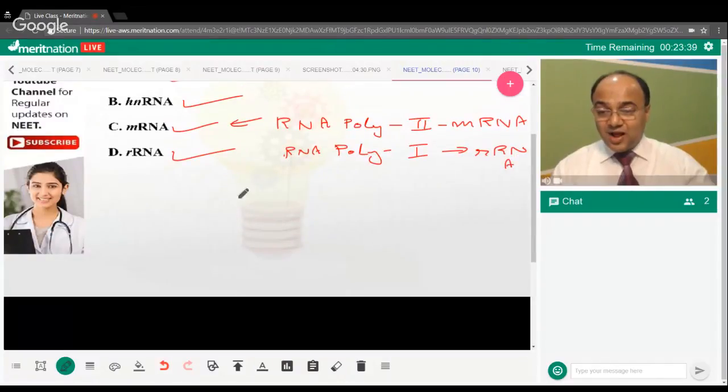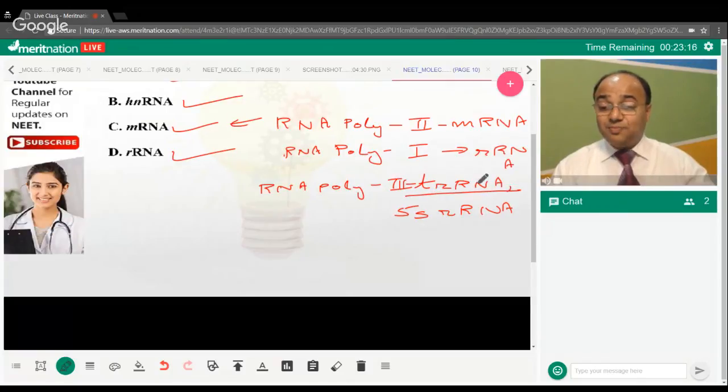And your RNA polymerase 3 will synthesize your tRNA, right? I think 5S rRNA is also synthesized by RNA polymerase 3, but RNA polymerase 3 is basically meant for the synthesis of tRNA. I guess that is clear.